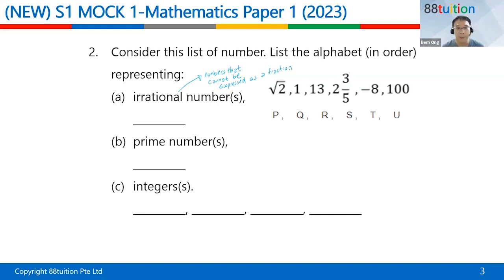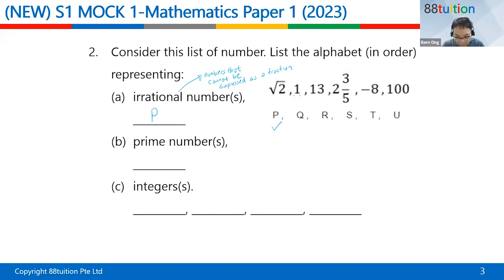So, for example, it will be your P. If you don't believe, you try to square root 2. What's your answer? 1.414213562. You press the S to D button in your calculator, it cannot change to a fraction. So we call P an irrational number.